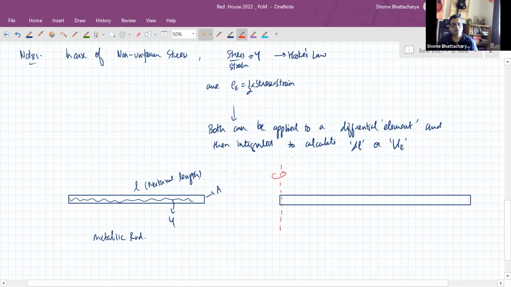It's made to rotate like this with an angular speed omega naught. So as a result of that, it will be in an elongated state now.